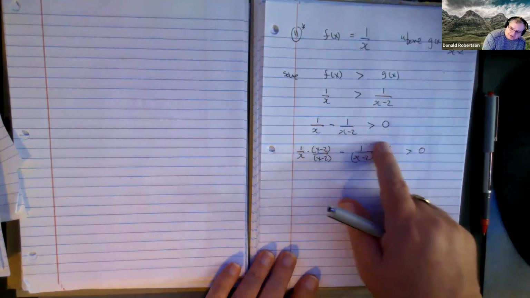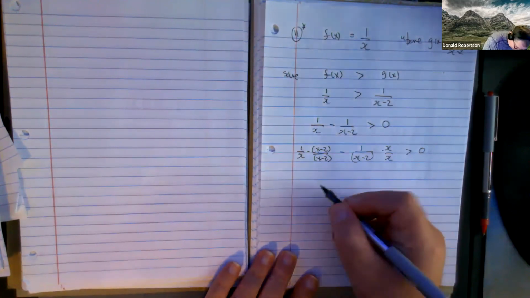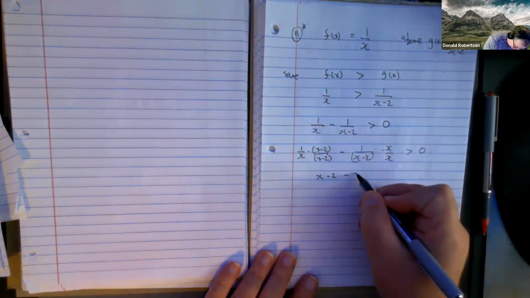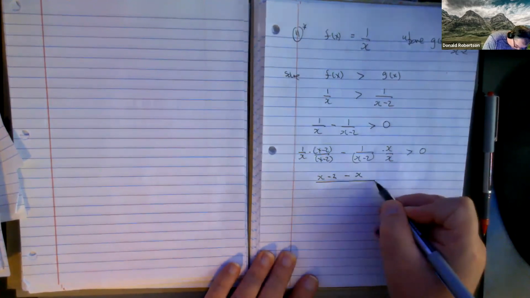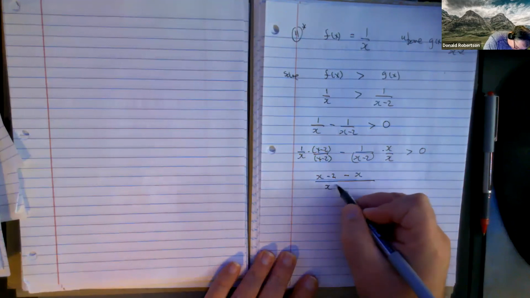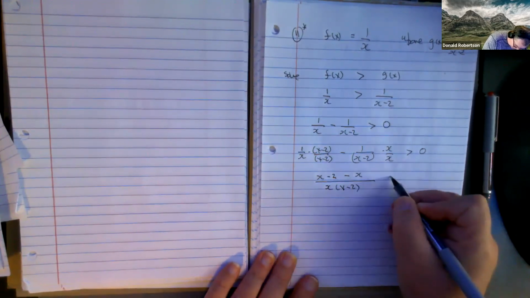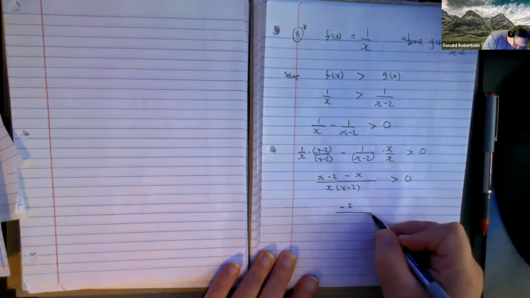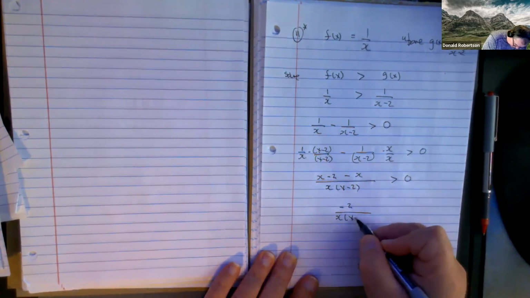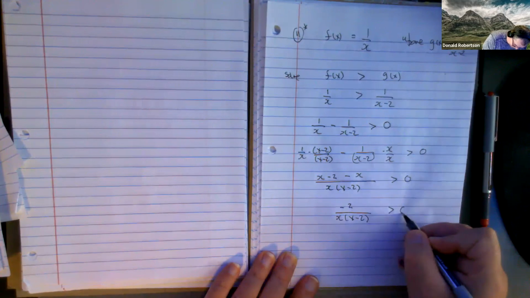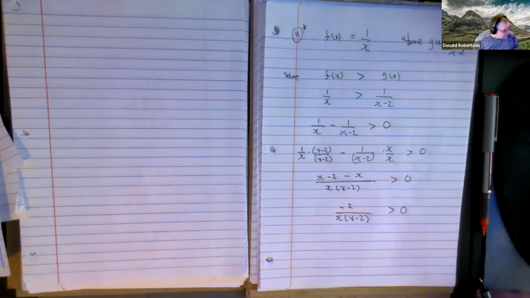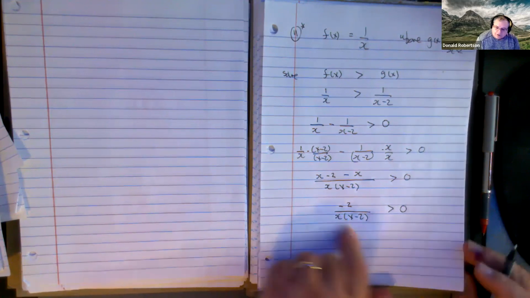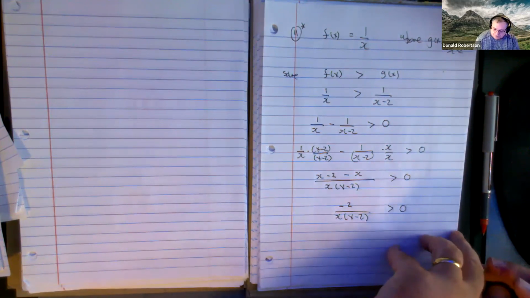And I look at this guy and I say, he needs an x. So I have 1 times x, 1 times x minus 2, take away 1 times x, all over x times x minus 2, greater than 0. And that ends up being negative 2 over x times x minus 2. That is the inequality that we should be using.